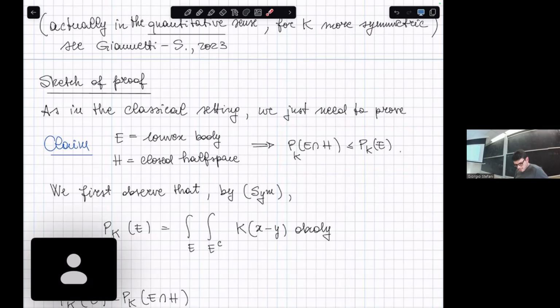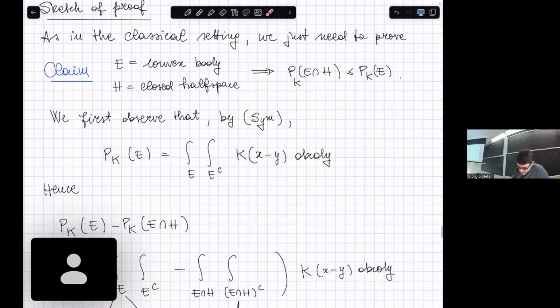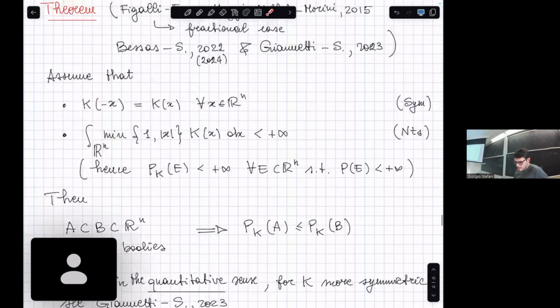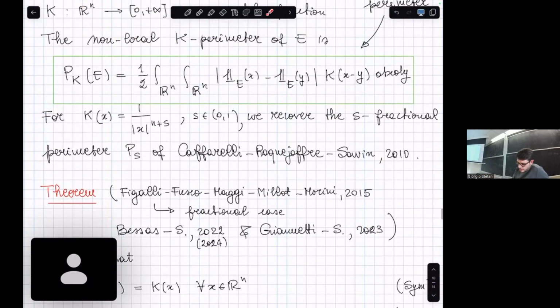So what do we have to do? First is to observe that thanks to the symmetry property, the perimeter is nothing but this. Considering the kernel on interactions, so for interaction between the set and what is outside the set. Okay, and this is simply because here you have two characteristic functions.